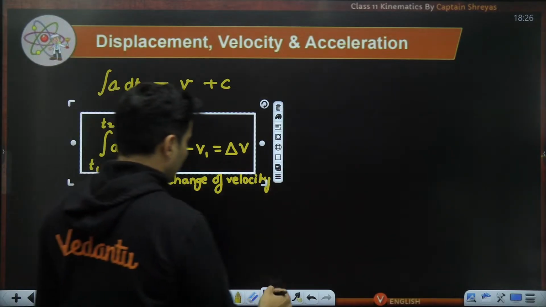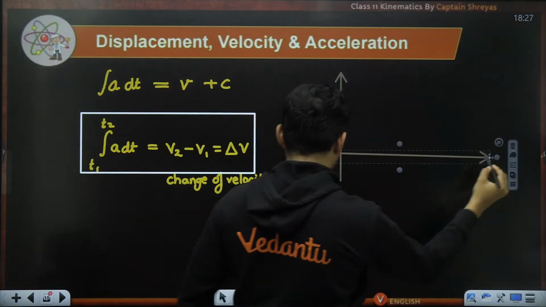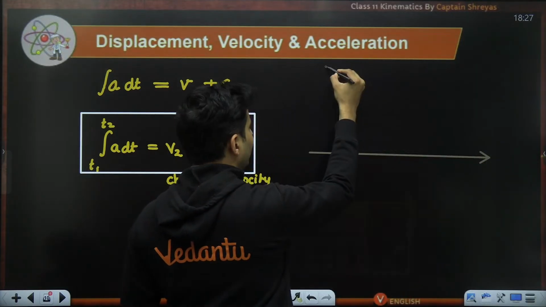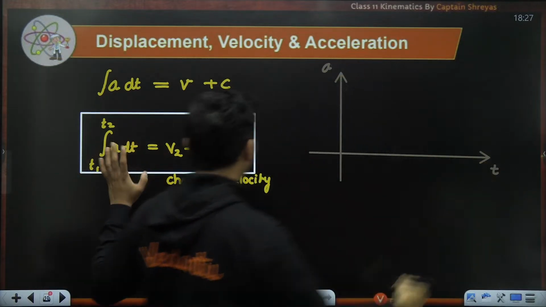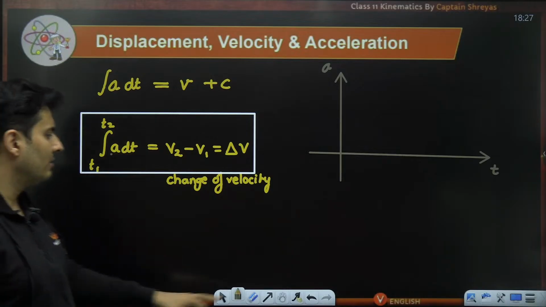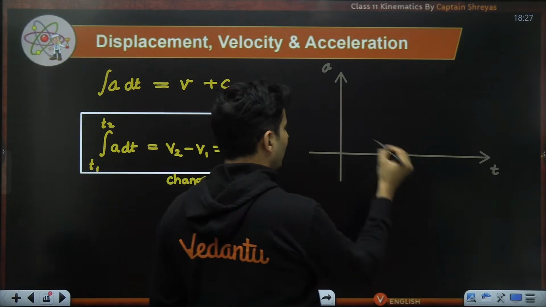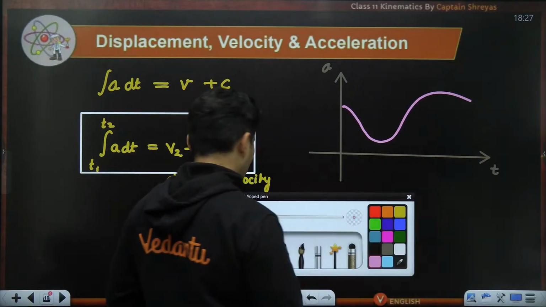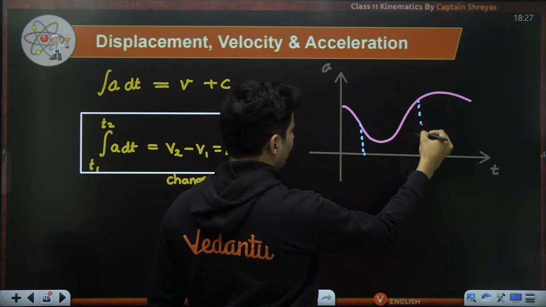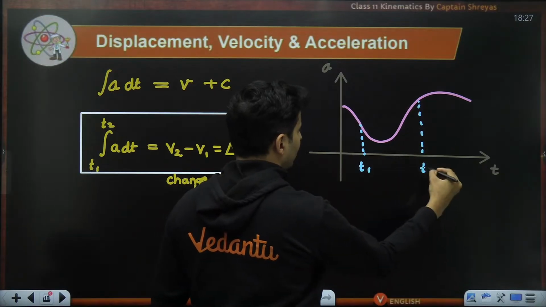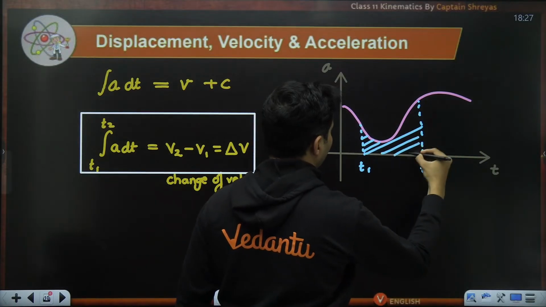Graphically, you don't have to memorize any graphs, guys. If you know what integration is, you automatically know which versus which graph you need to draw. Integration of acceleration with time, so a graph of acceleration and time. It could be any random graph, and you take two random points, T1 and T2, and find the area under this.